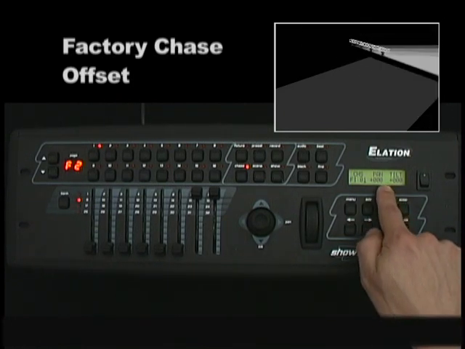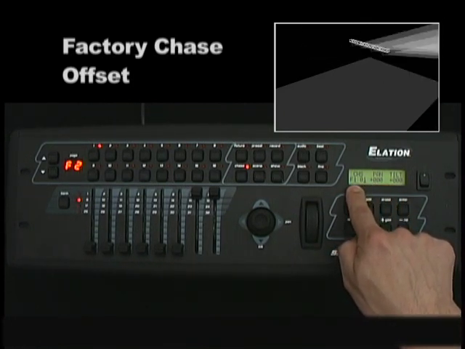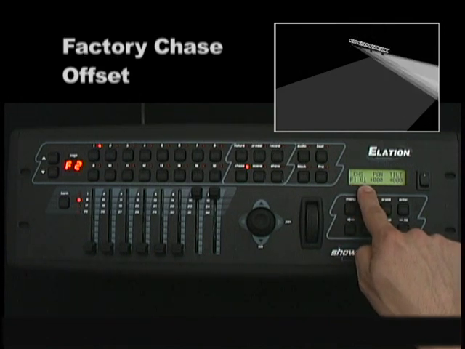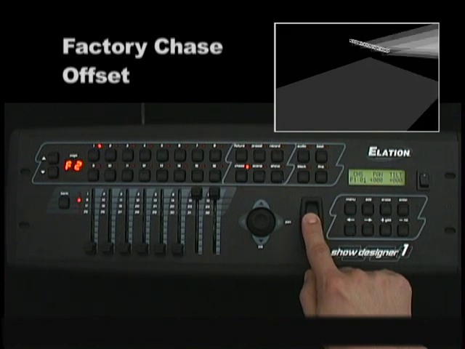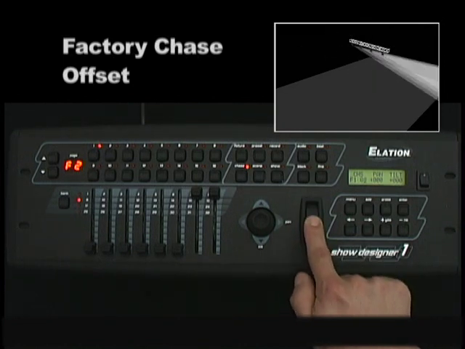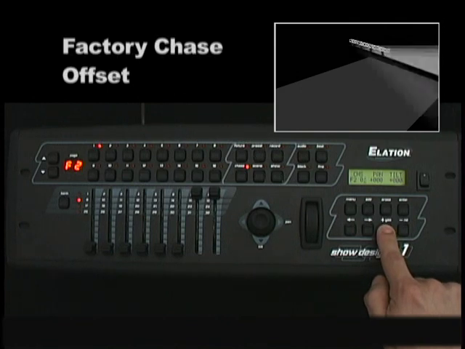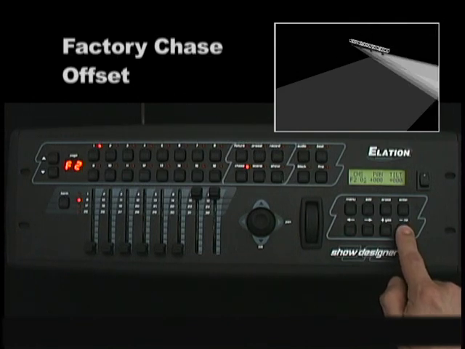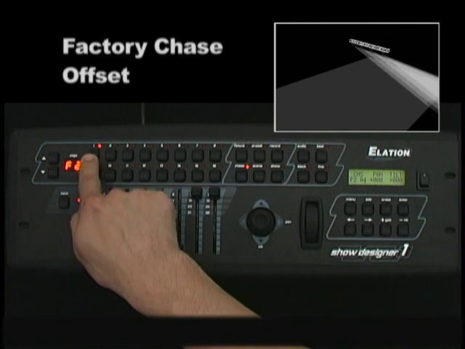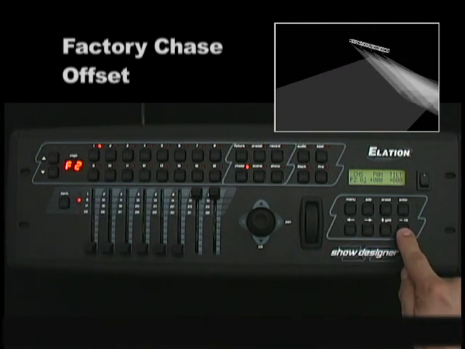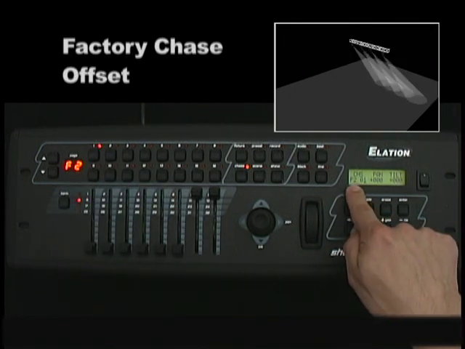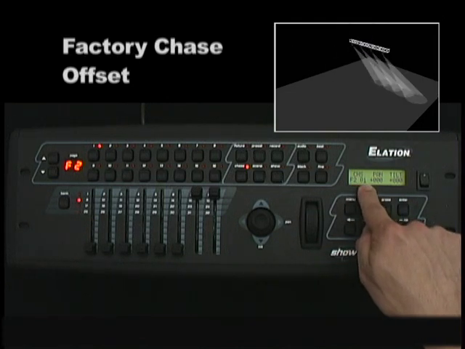Once we're in this screen, it'll tell us that page F1, chase 1, is the current selected chase. Using the data wheel, we'll scroll up or use the plus yes to scroll up to our page F2 chase 1 setting. This tells us here now we're on page F2 chase 1.